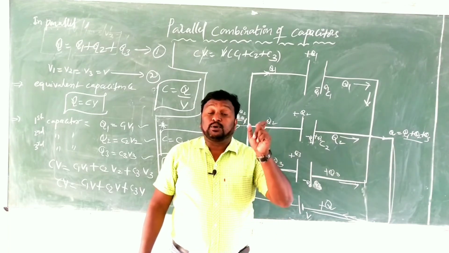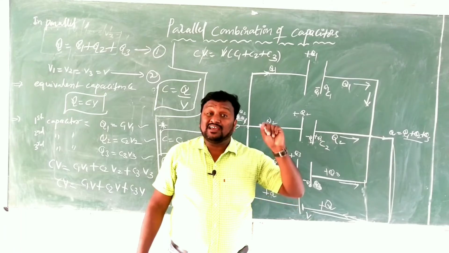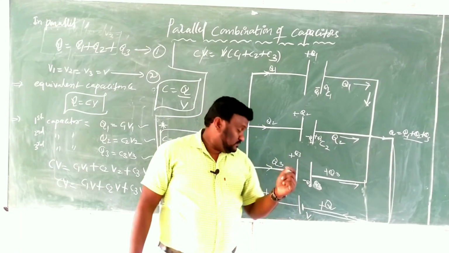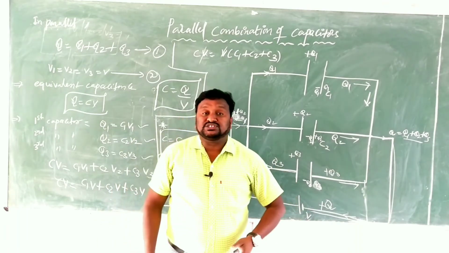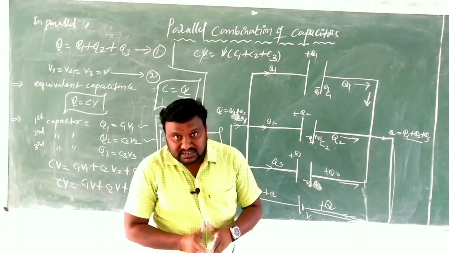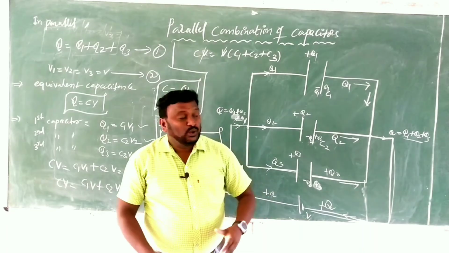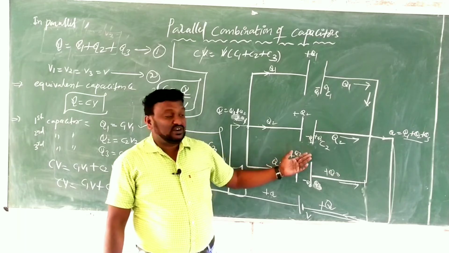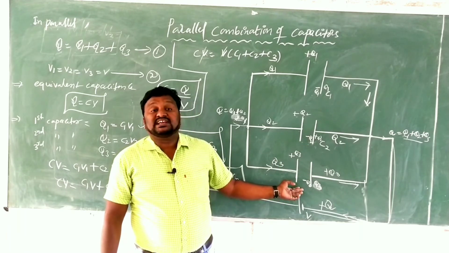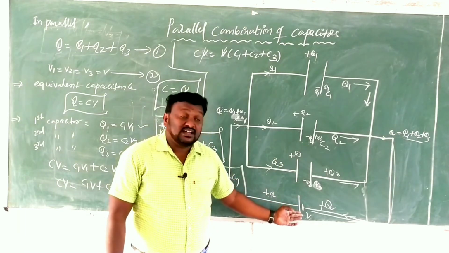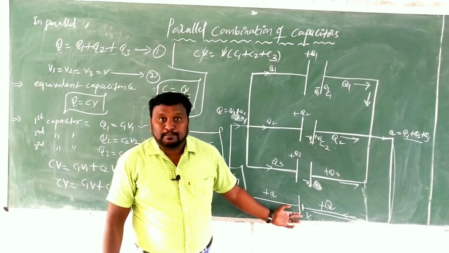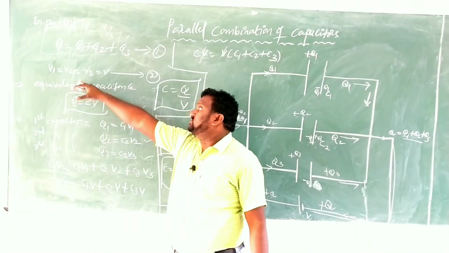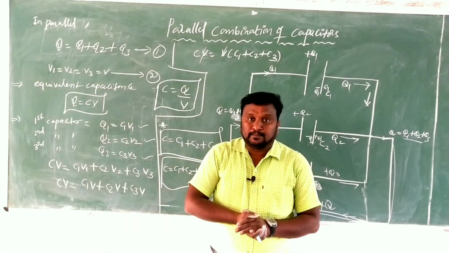That's why the potential across every capacitor is the same as the applied potential. Here V1 is the potential across the first one, V2 across the second one, V3 across the third one, and V is the potential across the battery. That's why in this combination V1 is equals to V2 is equals to V3 is equals to V.